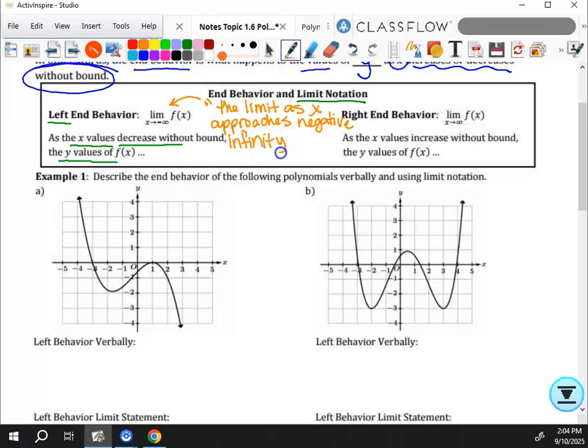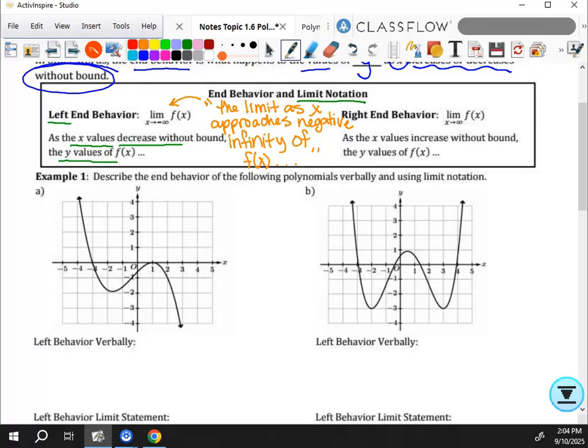Okay, the limit as x approaches negative infinity of f of x, dot dot dot, and then we'd have an answer to that. Okay, the limit as x approaches infinity of f of x. So that's what all that little stuff means. And then this one, of course, would mean positive infinity.